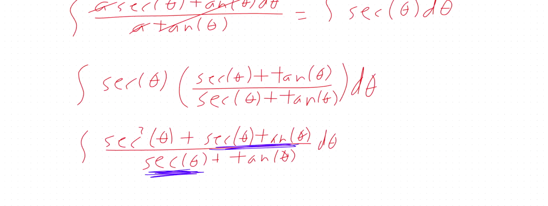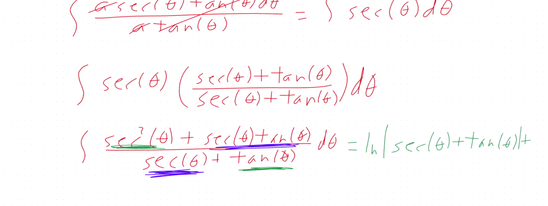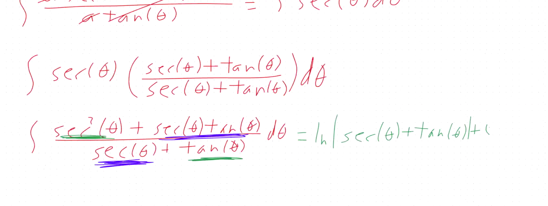And here. So addition being commutative, we can rearrange the order, and we're left with the natural log of a secant plus tangent plus c. There's the c.